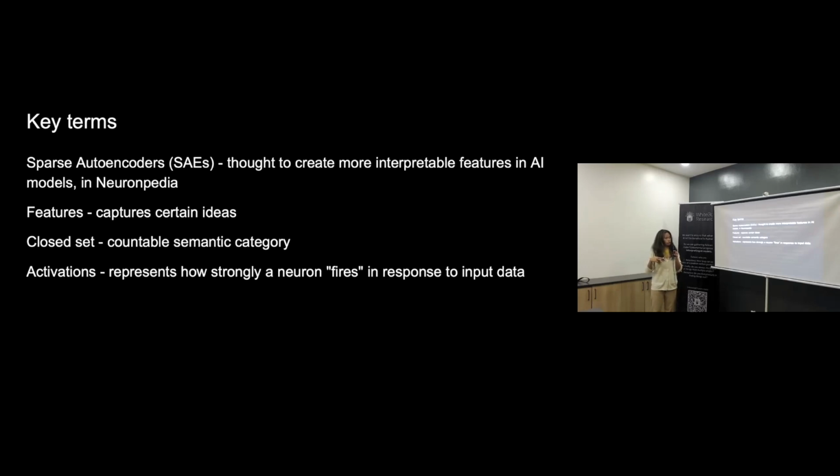Features, how I like to think about them, represent ideas, and closed sets are countable semantic categories, is how I define them. So they're not ambiguous. You have a particular filter for knowing which items are in the set and which are not. And lastly, activations represent how strongly a neuron fires for a certain input.